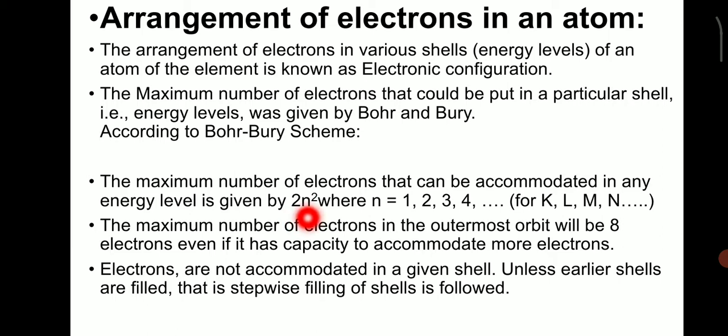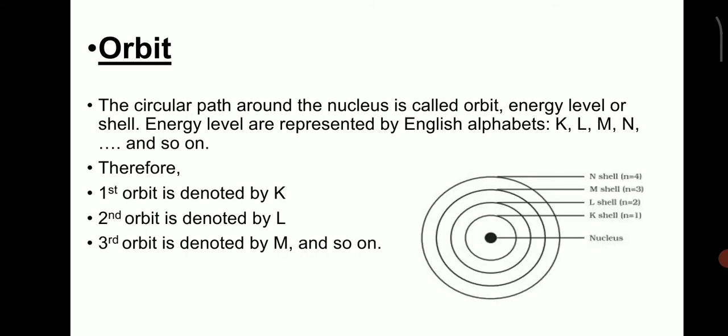So this represents the number of electrons in a particular shell. We can calculate the number of electrons that can be held in a particular shell, whether it is K, L, M, or N. So the maximum capacity of accommodation we can find out from the calculation.